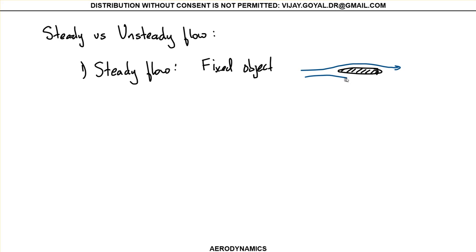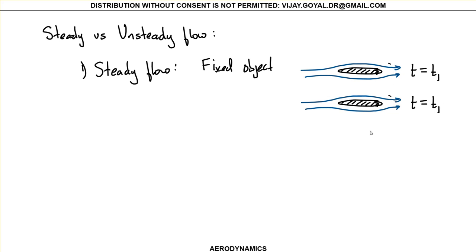Let's say that's happening at time equal to time 1. Now at time 2, if I evaluate my flow, it will be completely identical. So at time 1 and time 2, I have identical flows.